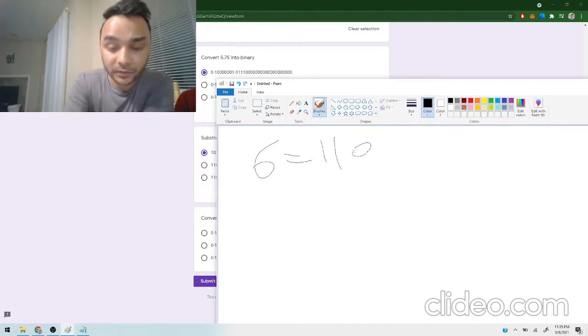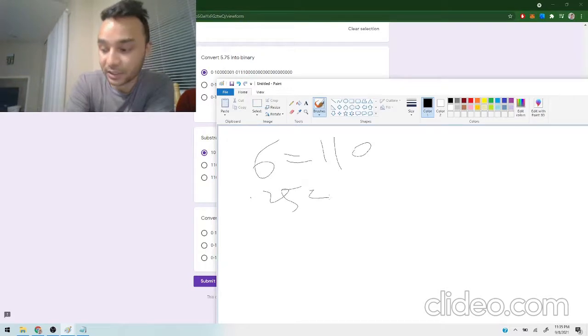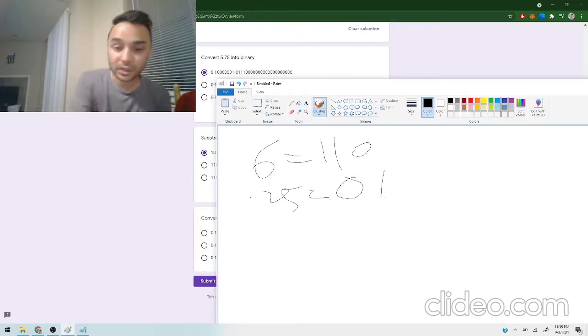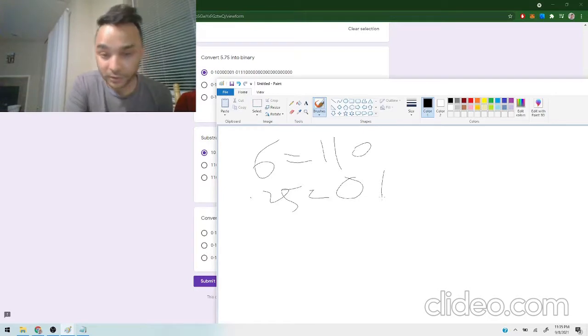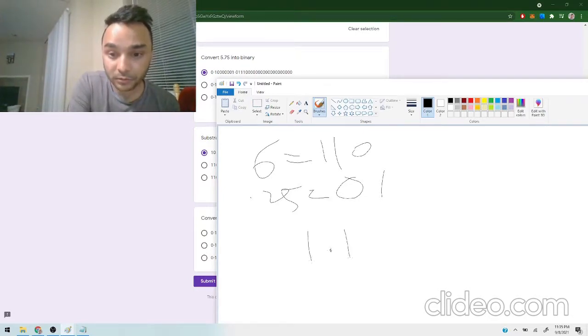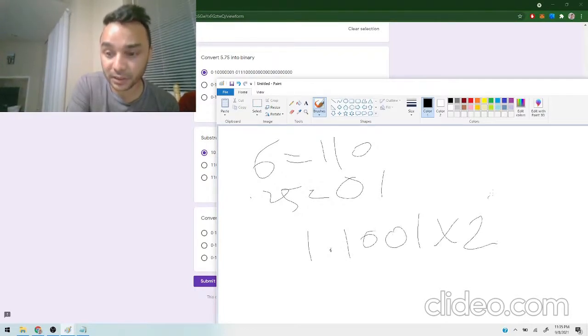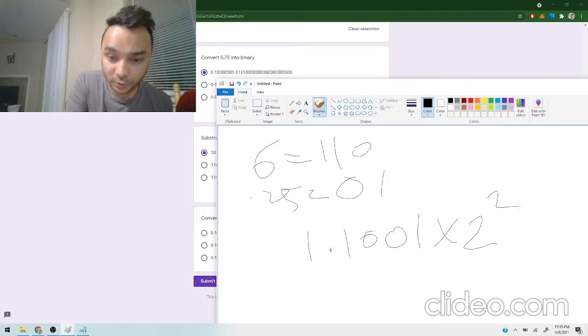After that we find the binary number for 0.25. That's 01. So the scientific exponential number is going to be 1.1001 times 2 to the power of 2, since we shift two decimal places. So the exponent is 2.